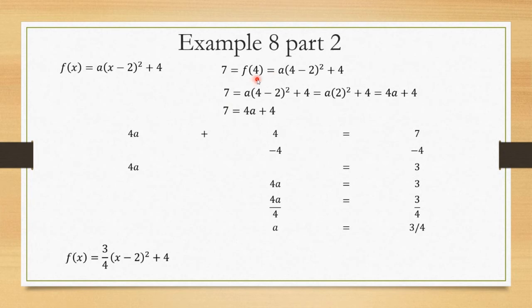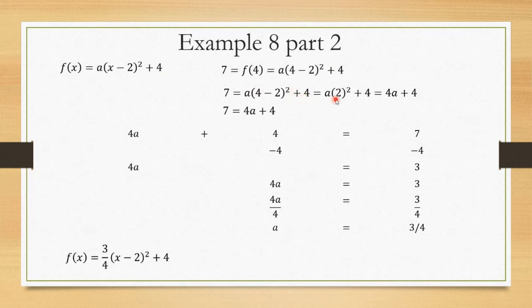And f of 4 is also equal to this, when x is 4. So from here, we get 7 is a times (4 minus 2) squared plus 4.